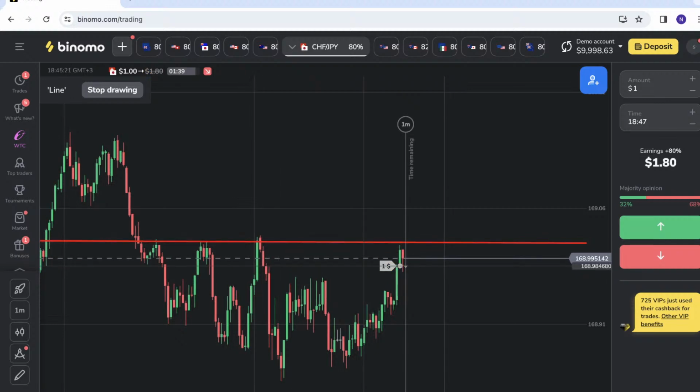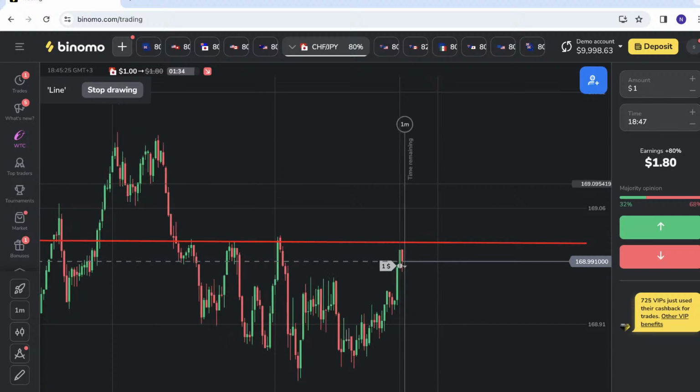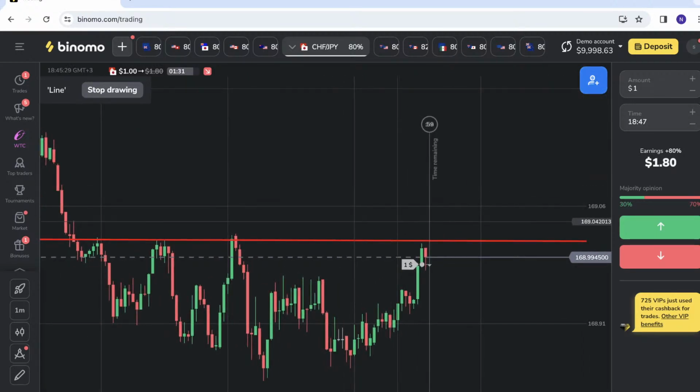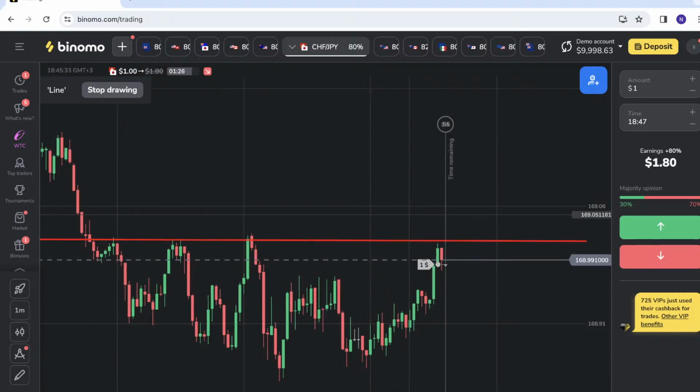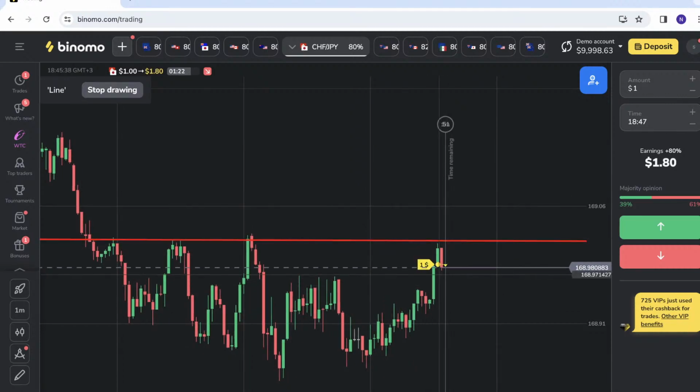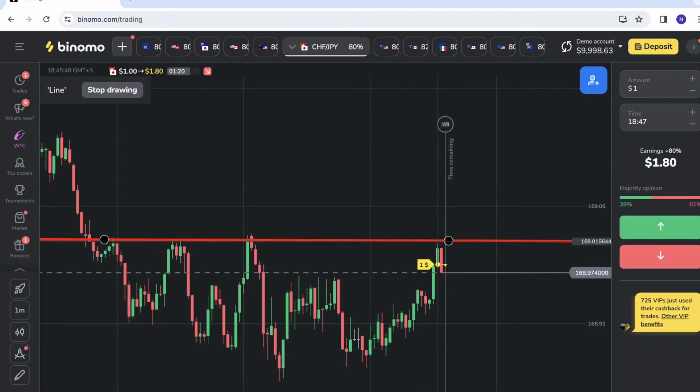But we were a little bit late. Just for an example, I was in a little hurry to open the trade, but let's wait anyway. What will be the result? Of course, it could be better if I would open a down trade at this point.